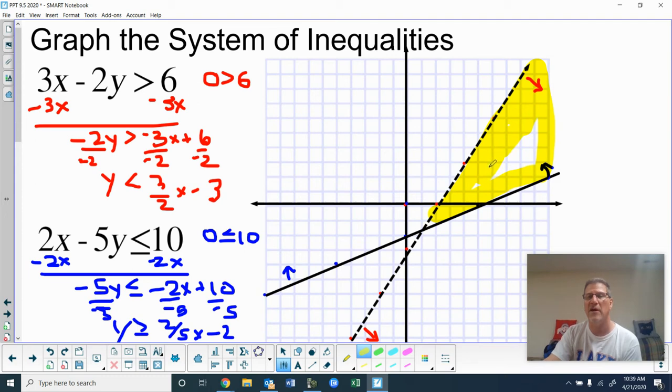All this highlighted area would be the solution to that system of inequalities where the two graphs overlap. All those points in that highlighted area would work in both inequalities. So we do a picture of that.